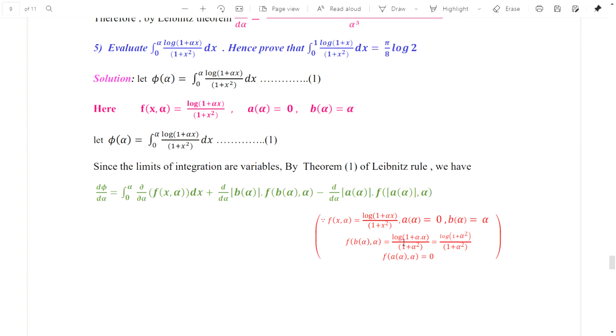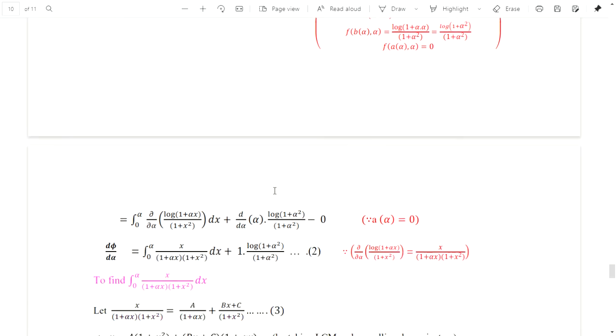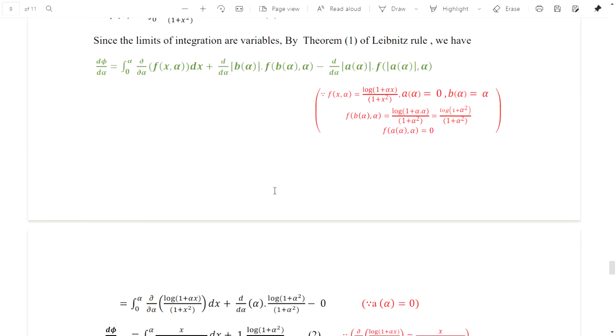By substituting these two values in this formula, we get d phi by d alpha equal to the integral from 0 to alpha of dou by dou alpha of f of x comma alpha, that is log of (1 plus alpha x) by (1 plus x squared) dx, plus d by d alpha of b of alpha, which is alpha, into f of b of alpha comma alpha. f of b of alpha comma alpha is log of (1 plus alpha squared) by (1 plus alpha squared), minus 0.